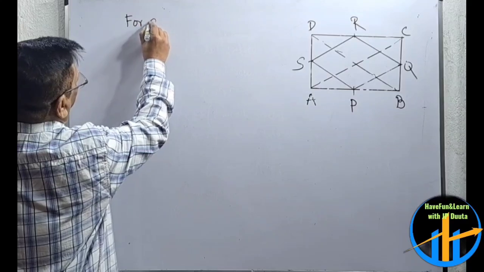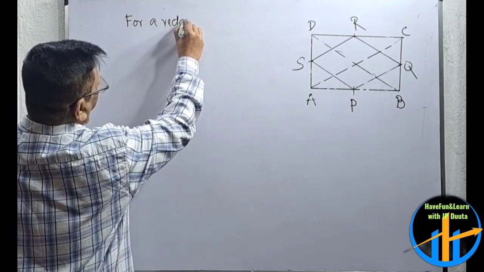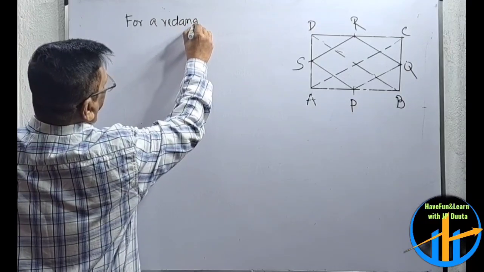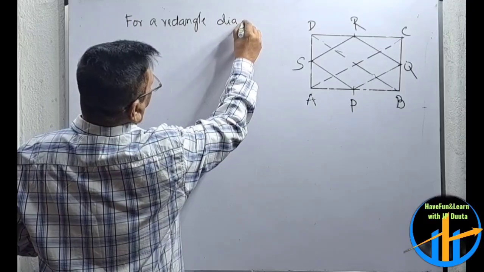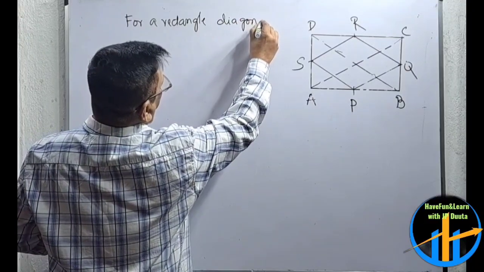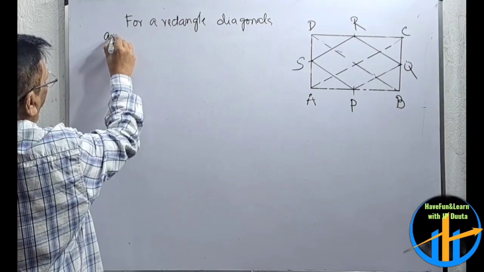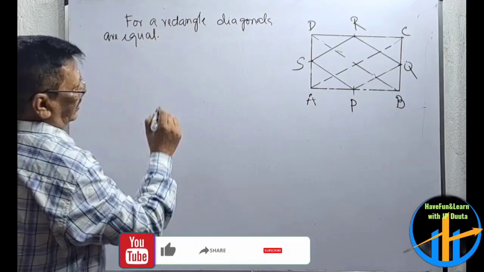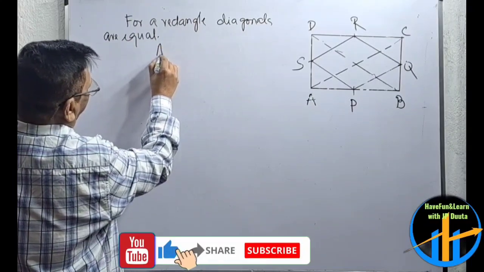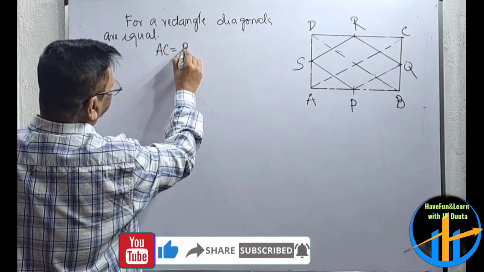For a rectangle, diagonals are equal, right? So we can write AC is equal to BD.